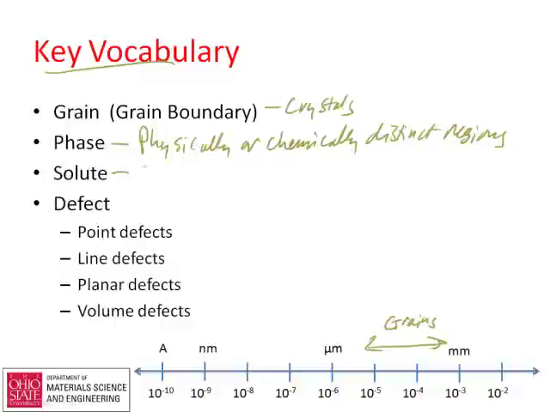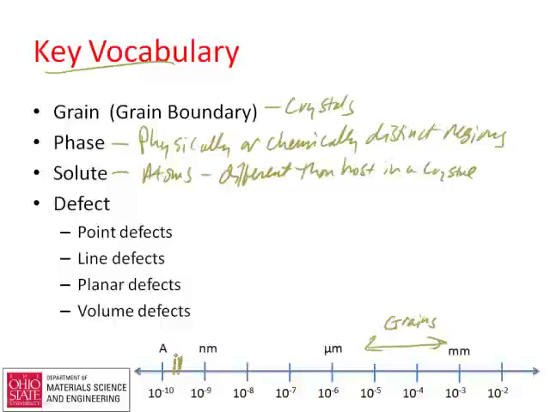Another thing is solutes. These basically are atoms that are different than the host within a crystal. And so the atoms we're talking about, again, these are about 2.5 angstroms or about 0.25 nanometers.